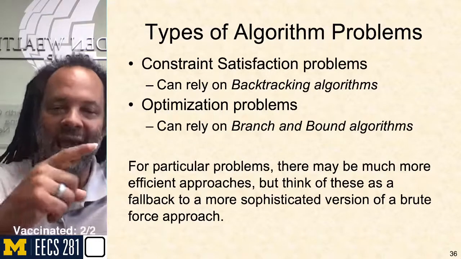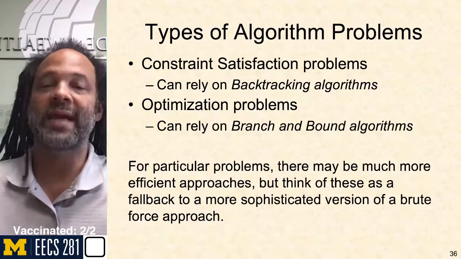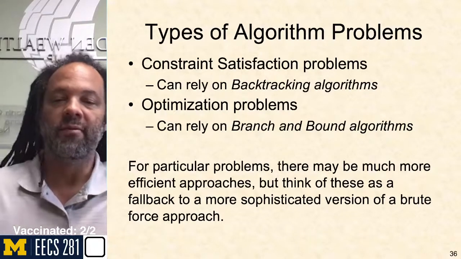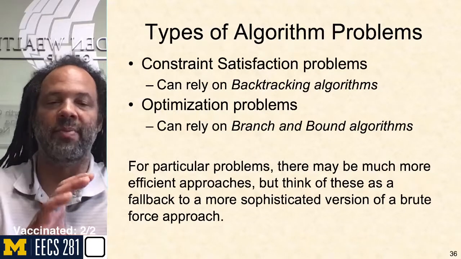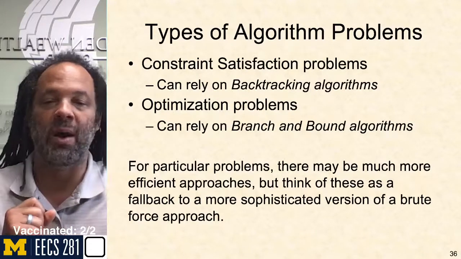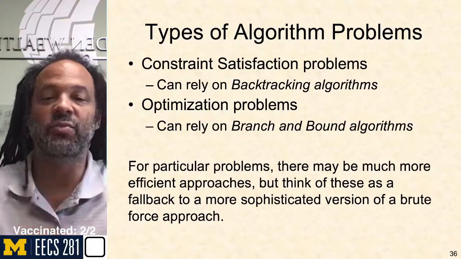Optimization problems can rely on branch and bound algorithms, which means that an optimization problem can be solved with branch and bound. For any particular problem, there may be a more efficient approach than backtracking or branch and bound, but this is better than having to do brute force.